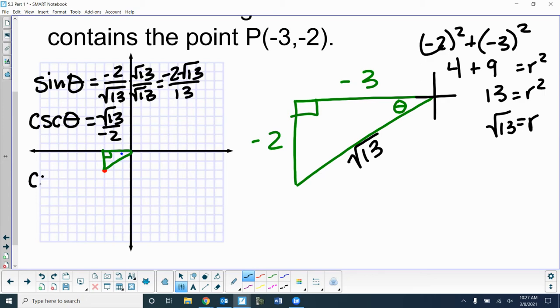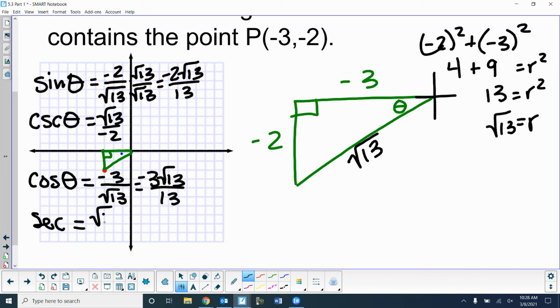So cosine would be what, Drayden? Right, and then when I rationalize it, I get that. So again, the secant is just that original, square root of 13, over -3.